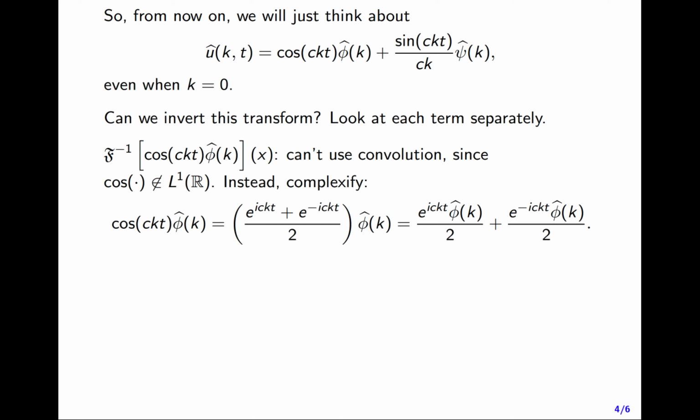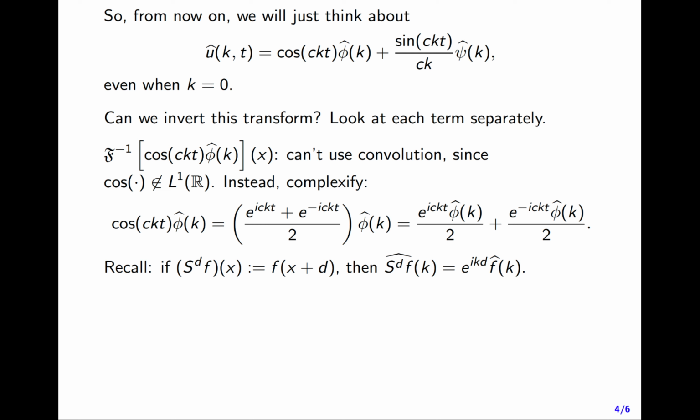This may not look any better, but remember that when you have the Fourier transform in k and e to the i times k times something out in front, there is an identity you can use. If we put s_d on f at x to be f of x plus d, the shift by d operator, then s_d f hat of k is e to the ikd f hat of k.